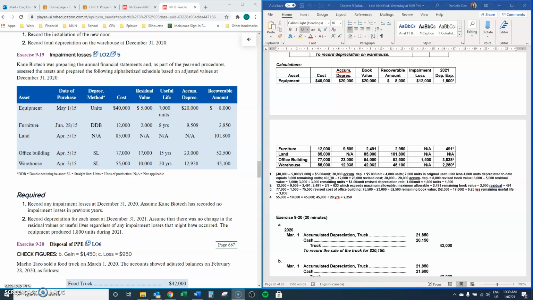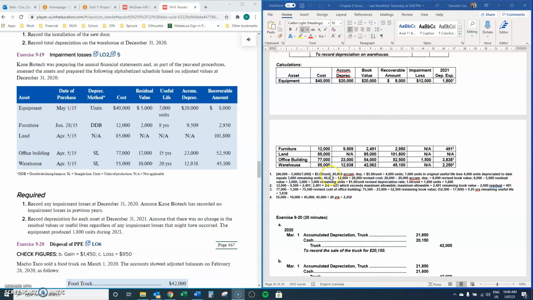Now we have a couple things happening here. First of all, remember when I said when we use units or double declining balance, we need to make sure that we don't go over the maximum allowed depreciation in total. Plus we had an impairment loss. So we need to take those things into account.